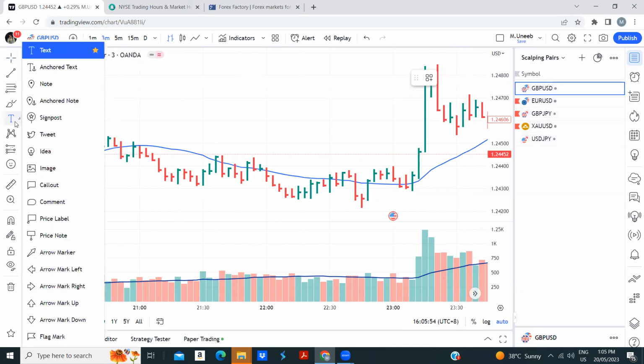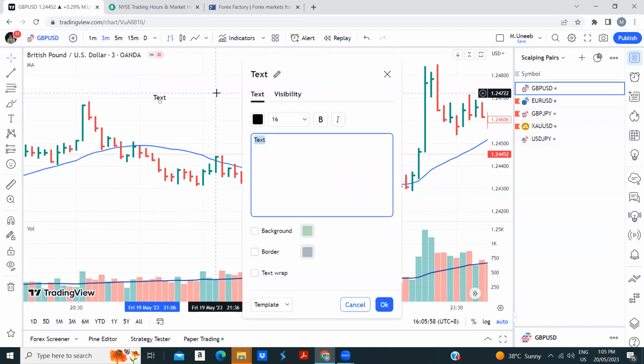The real problem with GBP US dollar is that you have two currencies impacting the exchange rate. One is GBP, the British pound, and one is the US dollar. That's a problem.